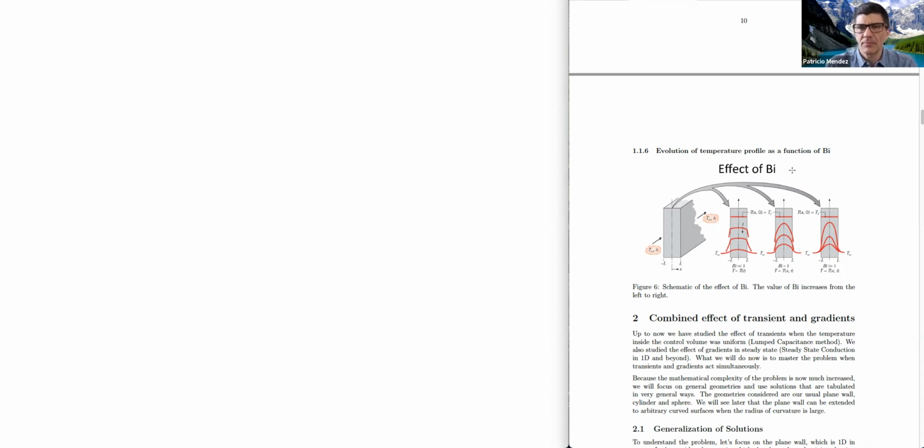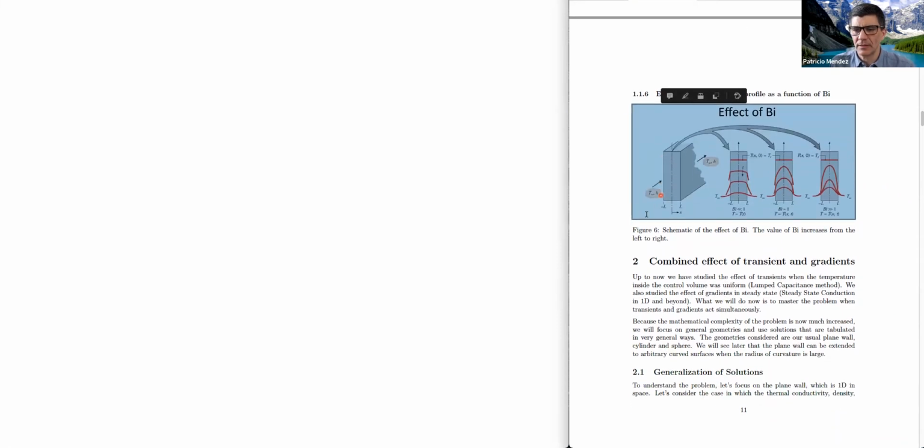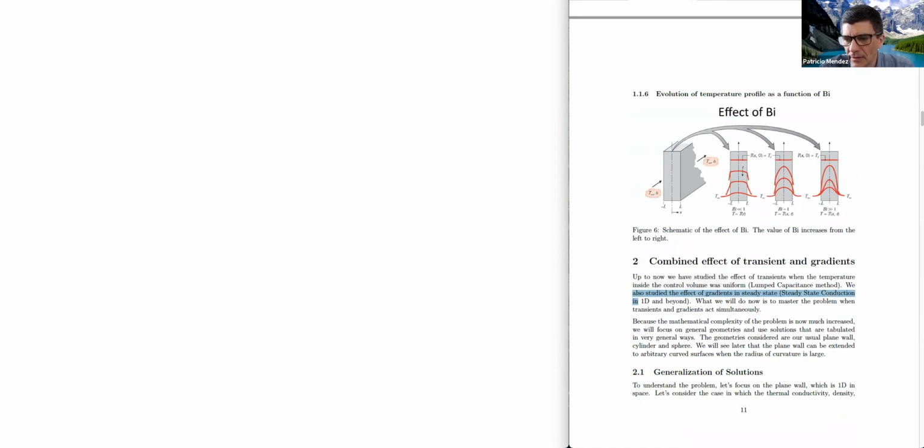And what we see here is that if the Biot number is small, which is the case of lumped capacitance, in this case in which we are cooling down a wall, we would start at a uniform temperature, and inside the wall, the temperature is going to decrease all the way to the temperature of the fluid eventually.